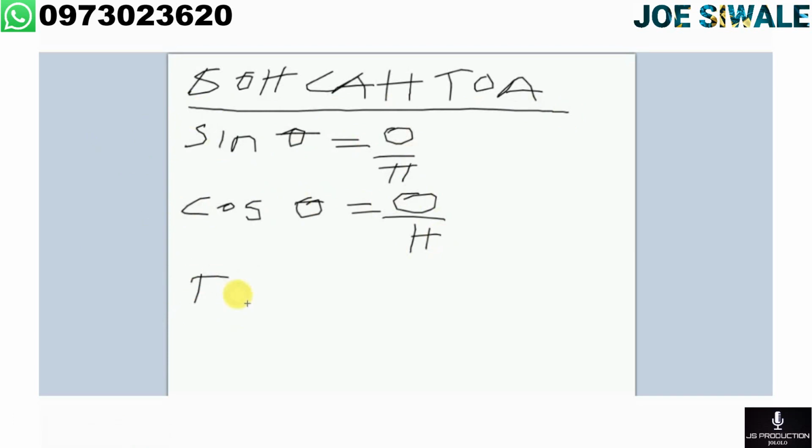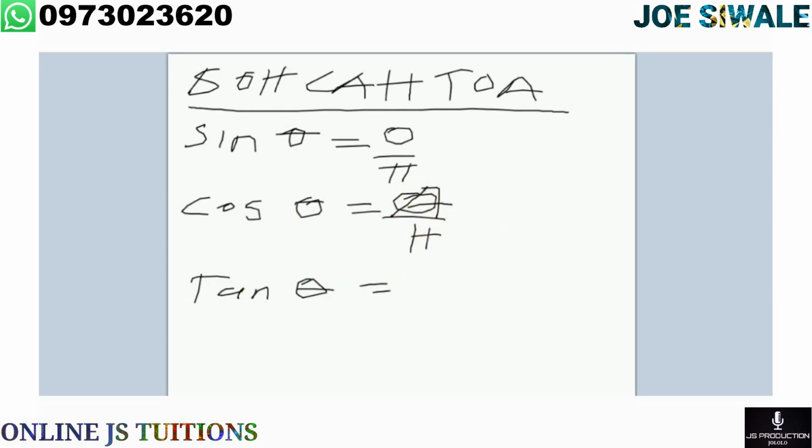And the third one, we have tan theta is equal to opposite over adjacent. So these are the formulas that you use when calculating the angles or the sides of right-angled triangles.